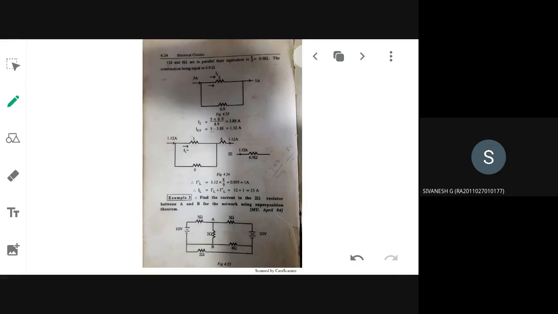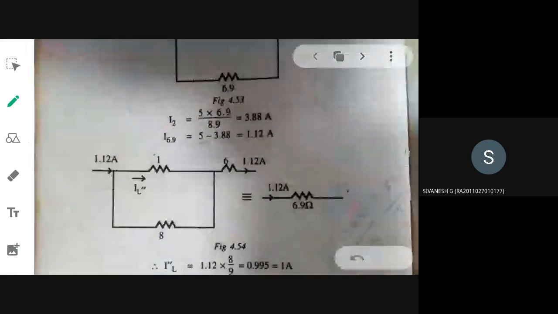Then these two are in parallel combination with that 1 ohm. If you find that equivalent, it is 8 into 1 divided by 8 plus 1. That is how the circuit came up.